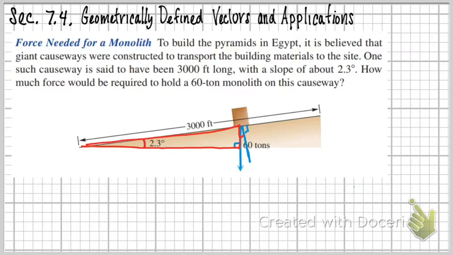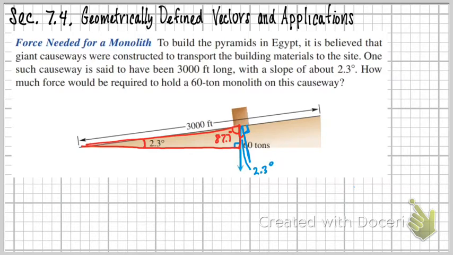If I know that's 2.3 degrees, I can find this angle by taking 90 minus that, and that's going to be 87.7 degrees. And remember, on the other side, just by the way it's drawn, this here is 90 degrees. So that means this angle inside of here is 2.3 degrees.